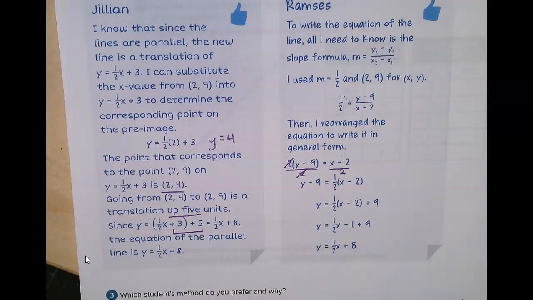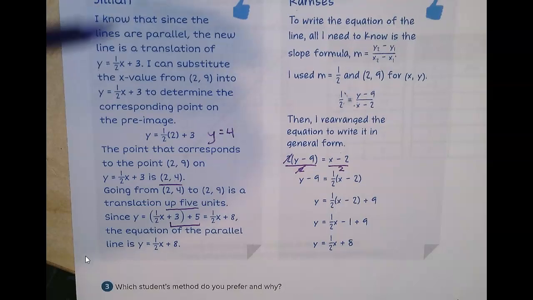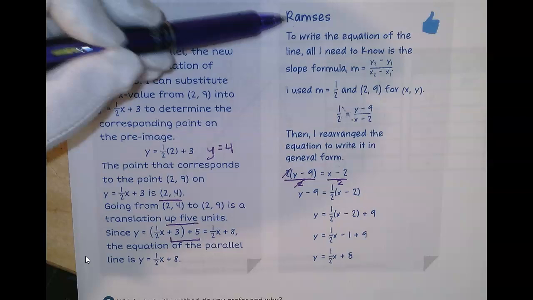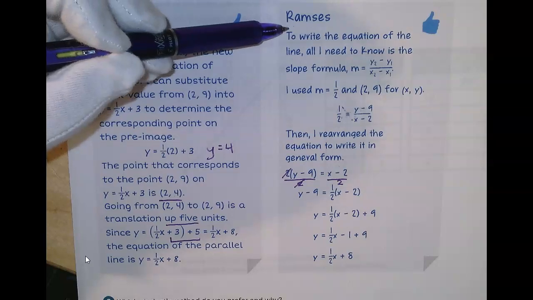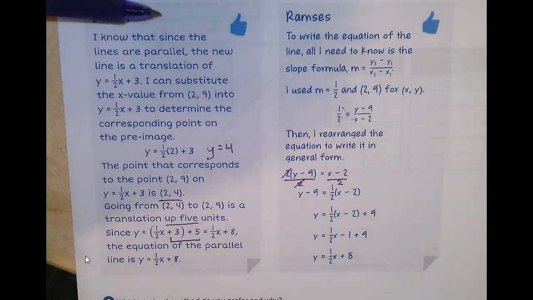Which way do you like better? So if you had to do this, would you use Jillian's method, or would you use Ramses' method? Okay. After this lesson, you can have a third choice, which is Ms. Besk's method.